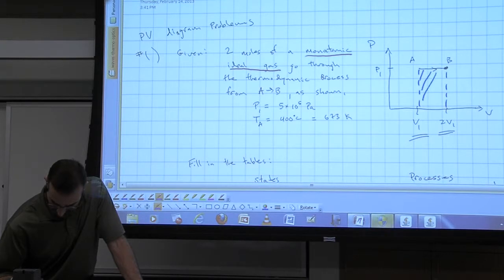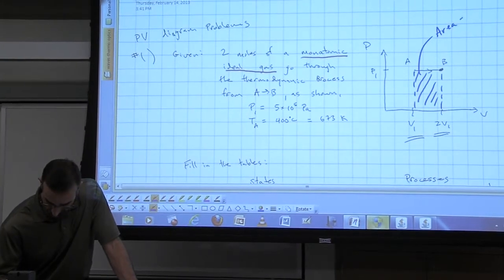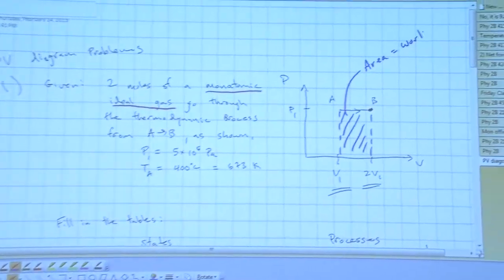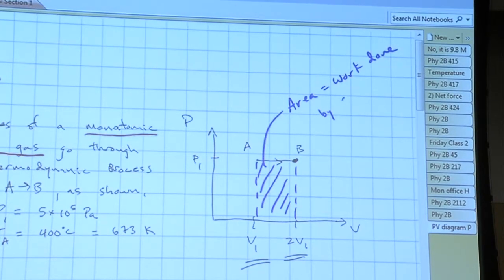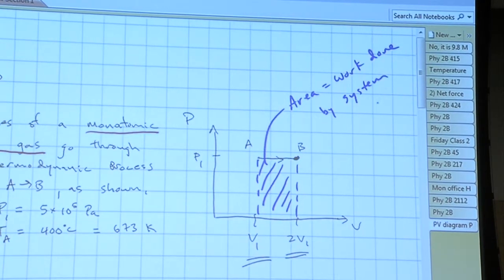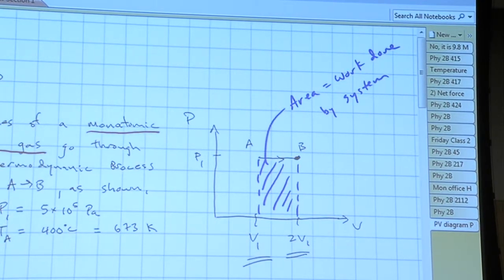And that's the area under the curve, and that's the work done by the system.